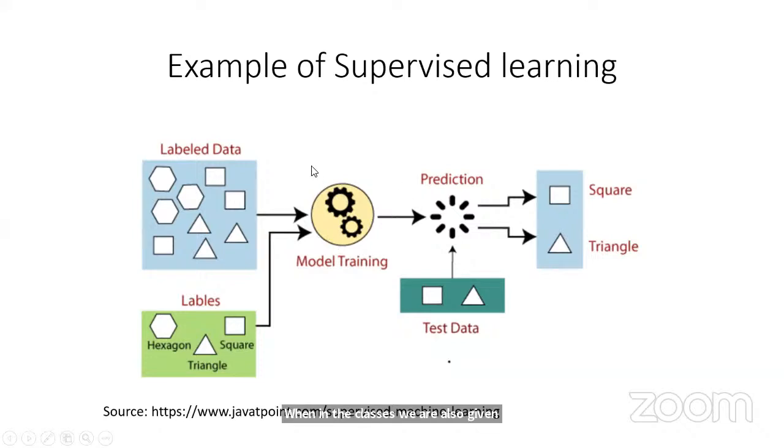The teacher will tell us this is the question and this is the answer for it. While during examination, only the question is given to us. We have to predict the answer. So similarly, supervised learning works. This part is the classroom teaching and this part is your examination. Okay, so this is the supervised learning.